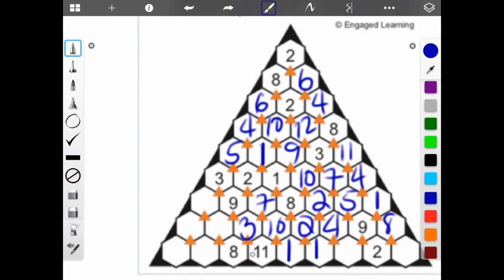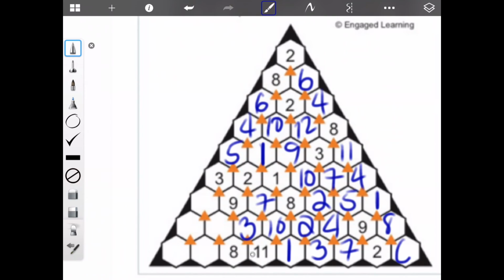And I have double 1s here, so I can't have that. This has to be 3. 4 and 3, I have to have 7. Okay, there was where my math was messed up. 7 and 2 is 9. And then I need 6 or 10 can go there, but we'll see.